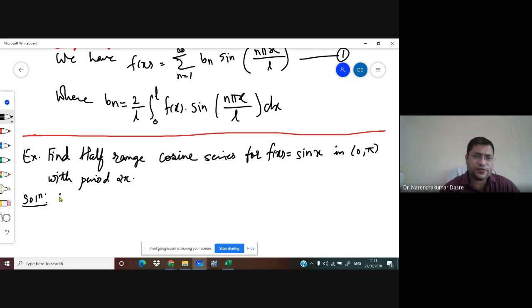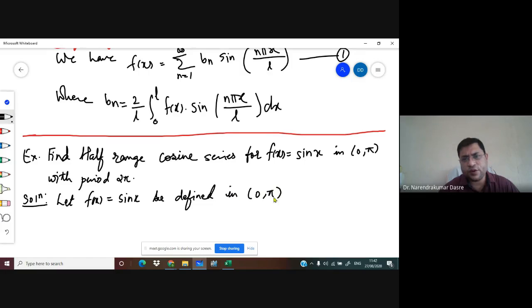So the solution: f of x is equal to sine x defined in 0 to pi with period pi.